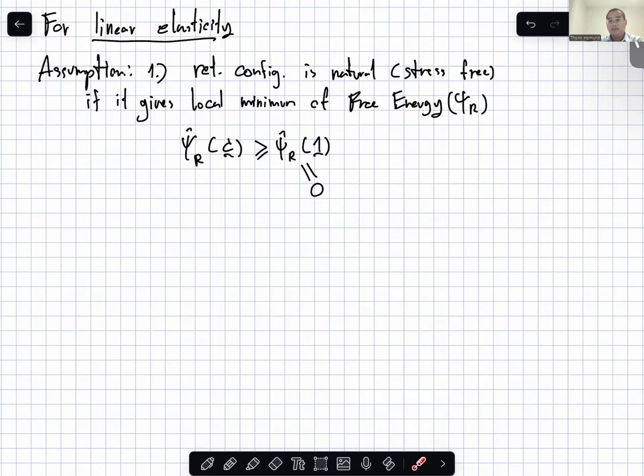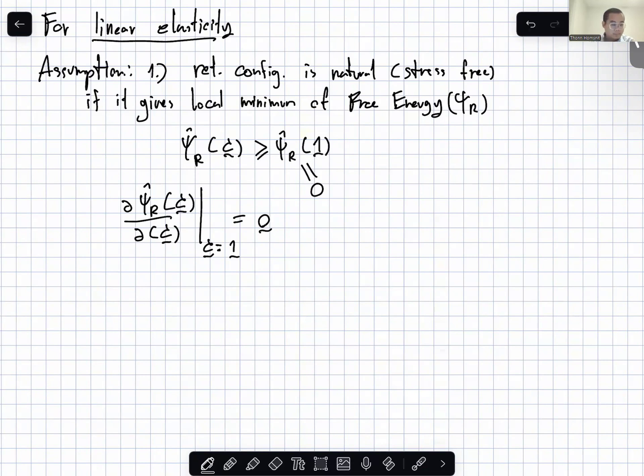To identify the local minimum, we know from undergraduate mathematics that we have to take the partial derivative of this function with respect to C and evaluate it at C equal to identity, and we have to get 0 because it is the local minimum.